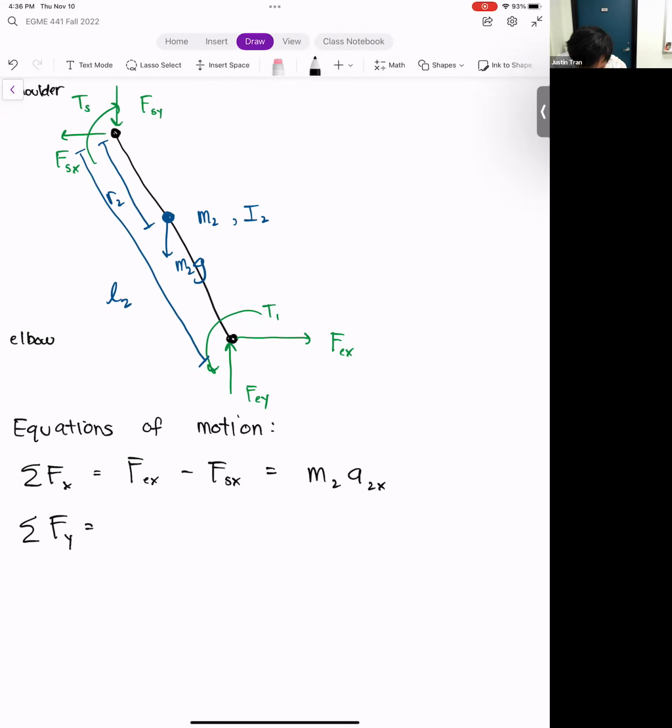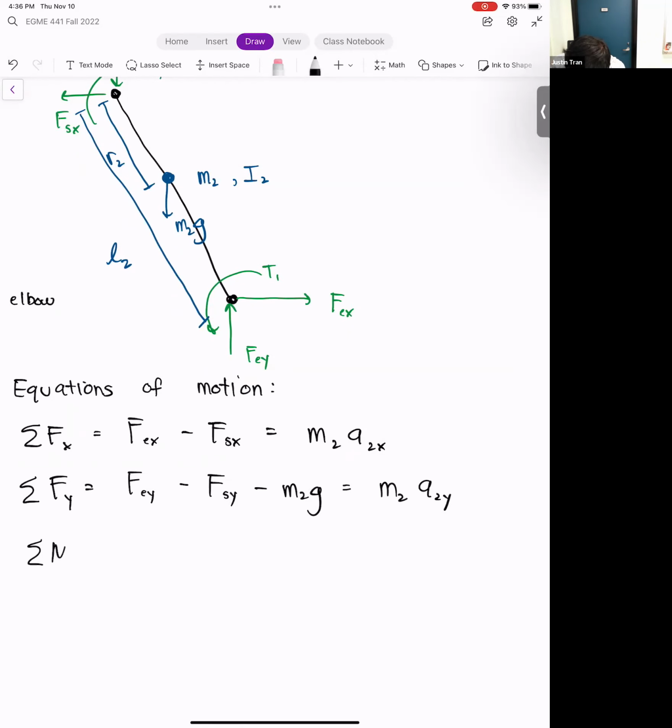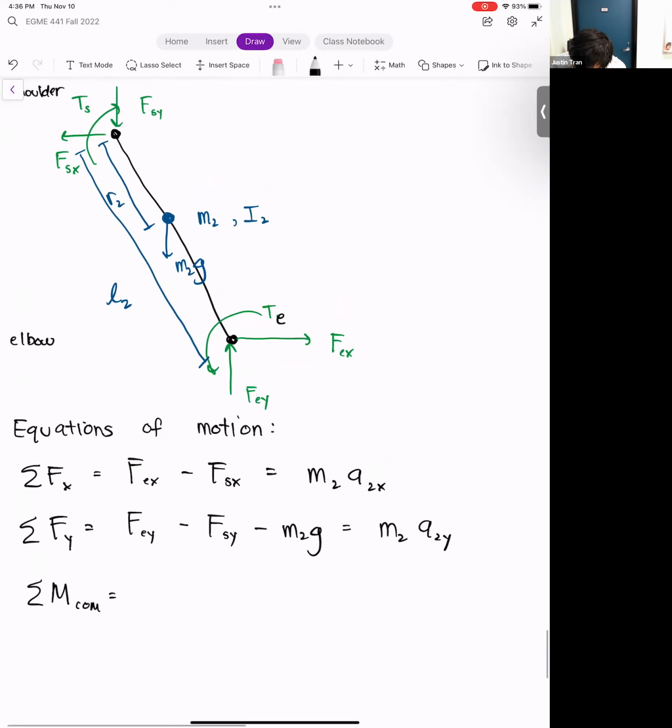In the y direction, we have three forces: FEY minus FSY minus M2g is M2A2y. Then we have the sum of the moments around the center of mass. So we have TE minus TS, the net joint moment at the elbow minus the net joint torque at the shoulder.